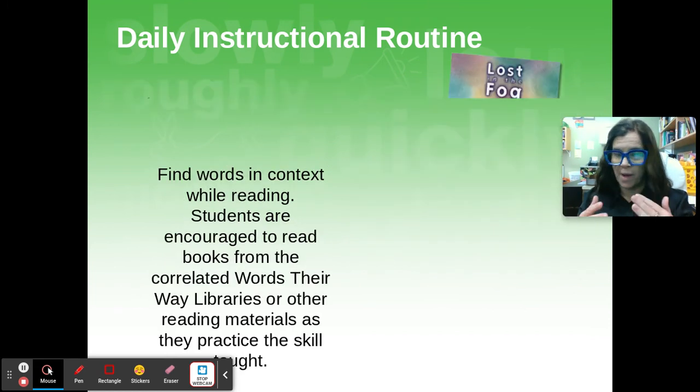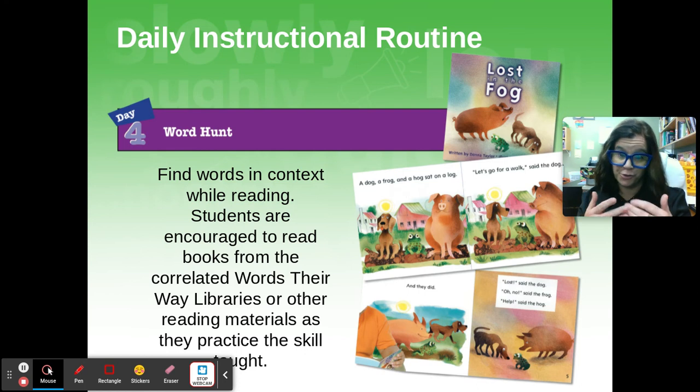Another great way after day 2 and 3 of sorting, and it's such an important application of the skill, is to send them out into the world and see if they can find words that fit their word pattern for the week.